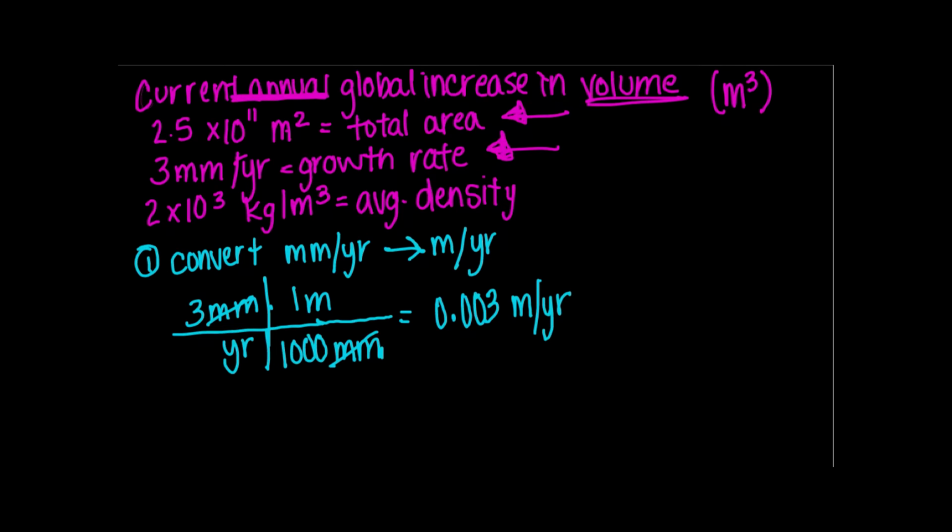Okay, so now we've got meters per year, and we can use that with the volume to get what we need, or with the area, sorry. So now we can find the volume.